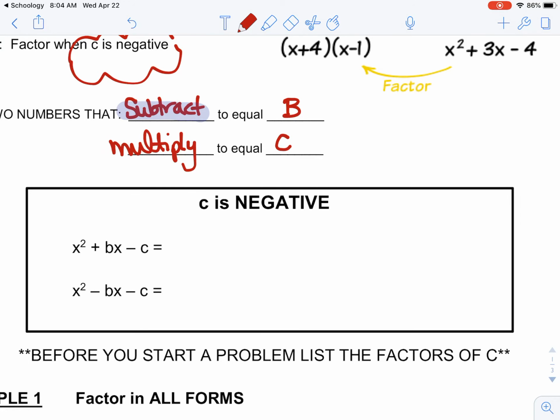So when we have x squared plus bx minus c, we are going to have x plus the bigger number times x minus the smaller number.